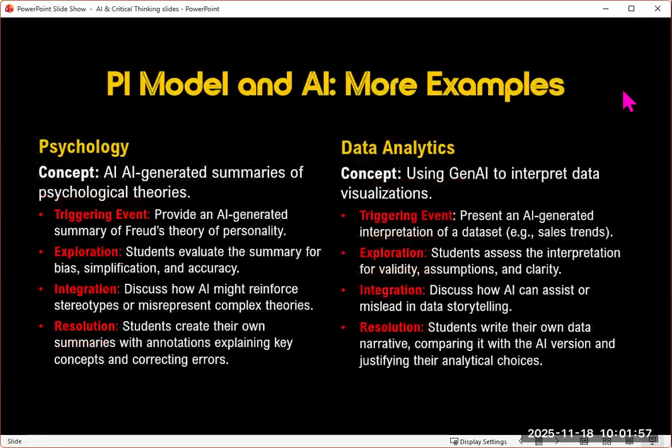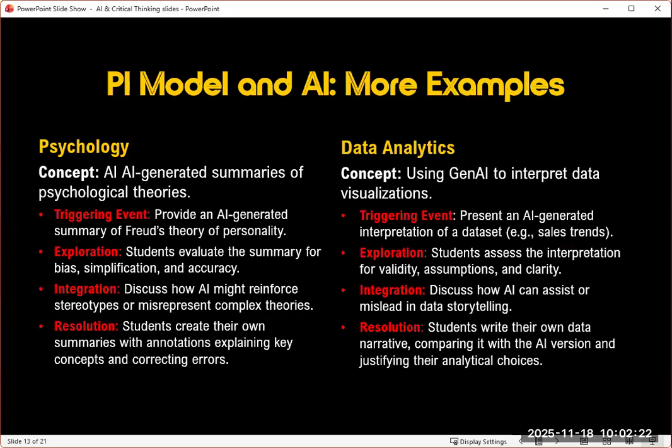So a couple of other examples for psychology and data analytics. I was just trying to have a wide sweep of different disciplines here. So again, similar here, maybe AI generated summaries of theories that students have to evaluate, not only for accuracy, but things like bias, maybe oversimplification.